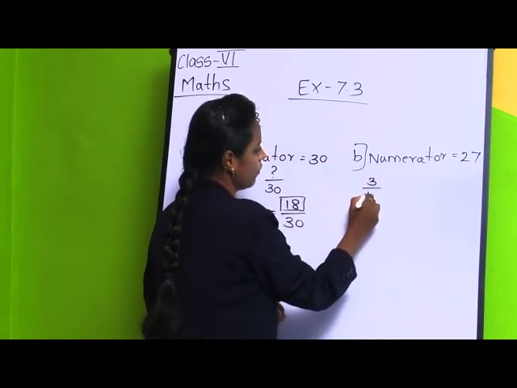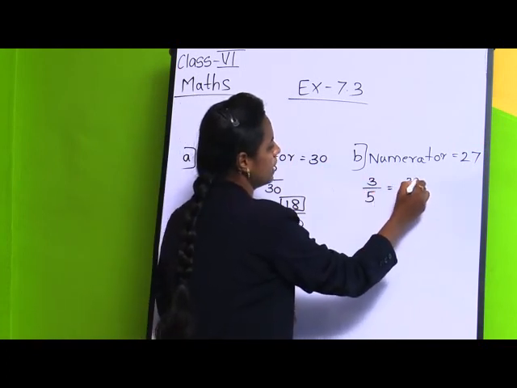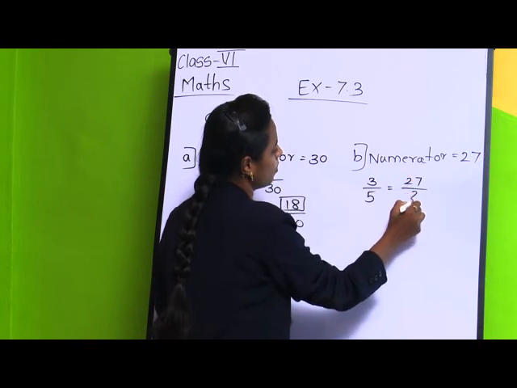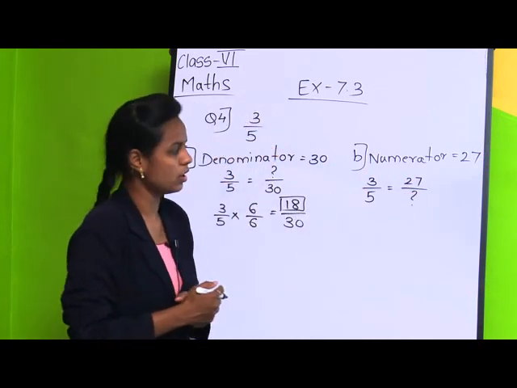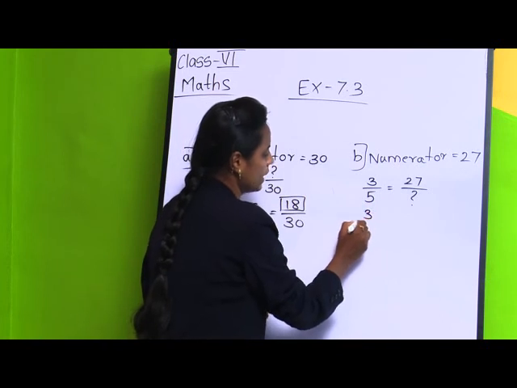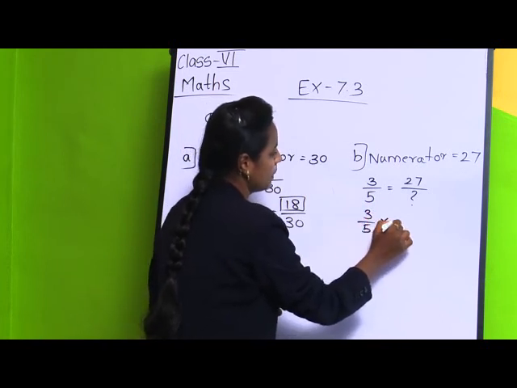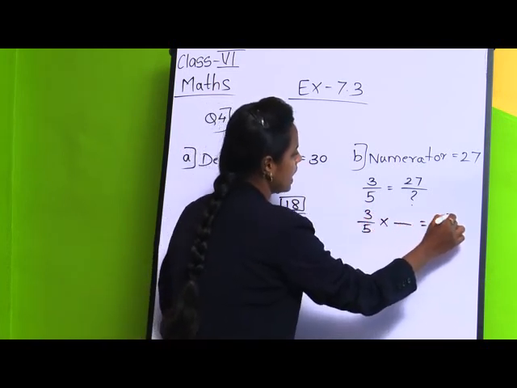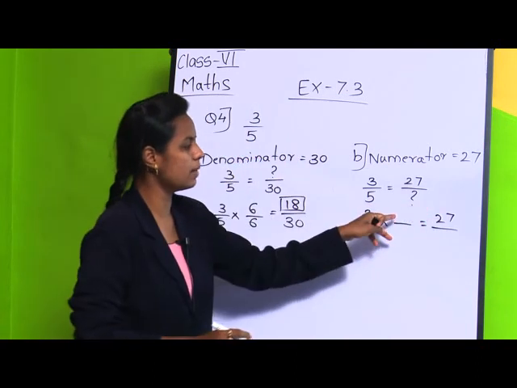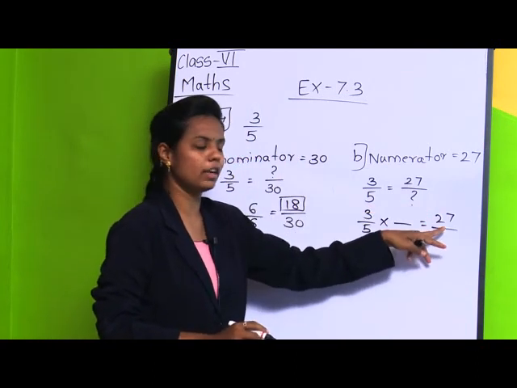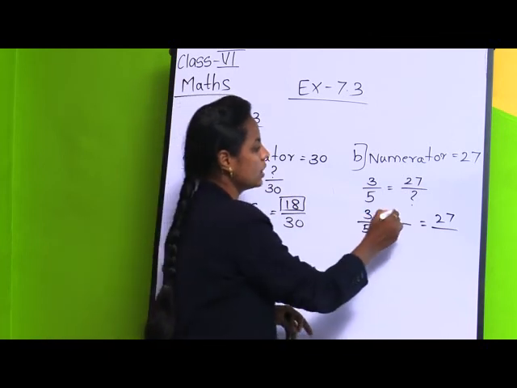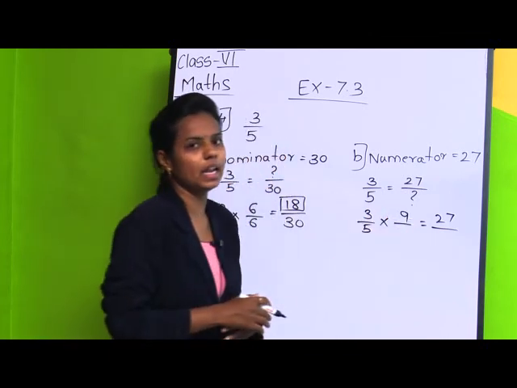Again 3 by 5 is equal to, in the numerator's place we have 27, and the denominator we need to find out. Which is the number that 3 is multiplied by to get 27? It is 9, 3 9s are 27.